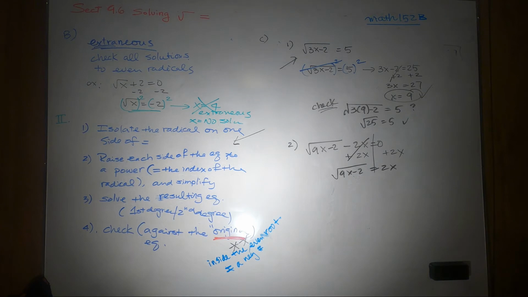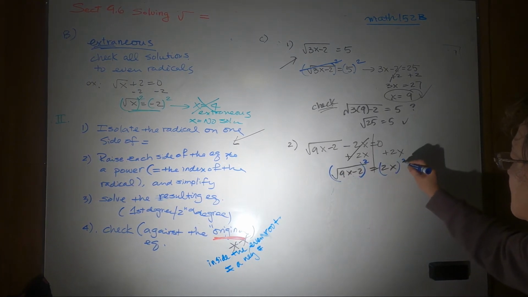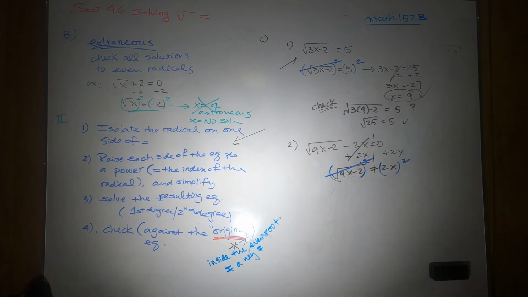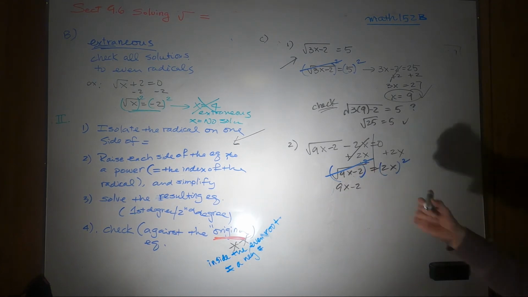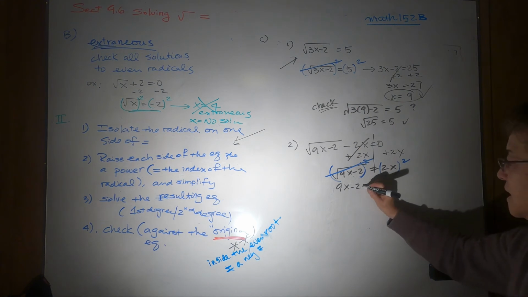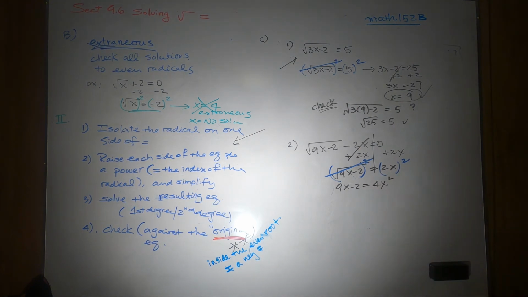Then, to get rid of the crazy thing, radicals, what do you do? You take a square, right? So this goes away. So what do we have? We have 9x minus 2, and 2x squared becomes 4x squared, right?